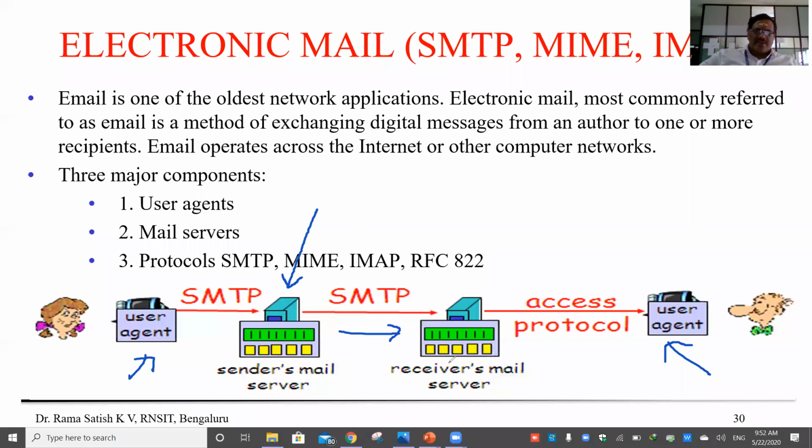The New York mail server will be available, and it will send a notification to the user. Whenever he opens his mailbox, he can access the mail sent from this New York email server. So he can read the mail. This is how it works.